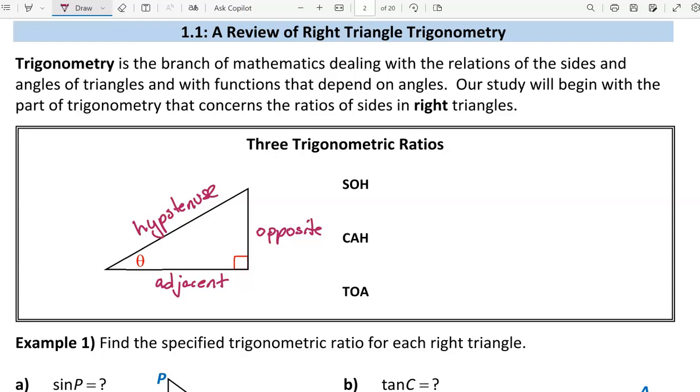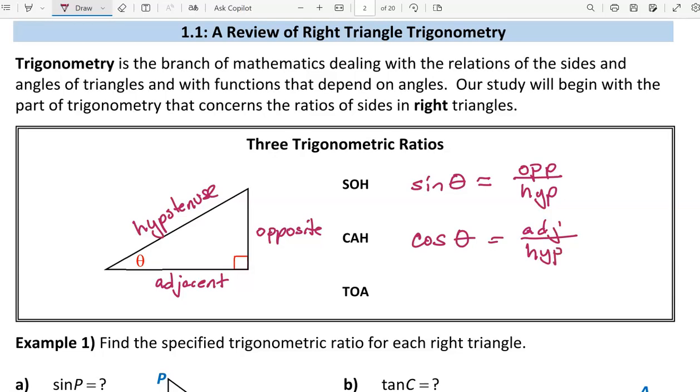In a right triangle, if you look at one of the acute angles, not the right angle, sine of that angle, so sine of theta, which is a Greek letter that we use in trigonometry frequently, is equal to the opposite side over the hypotenuse. It's just a ratio of those two sides. Cosine of theta is equal to the adjacent leg of the right triangle over the length of the hypotenuse.